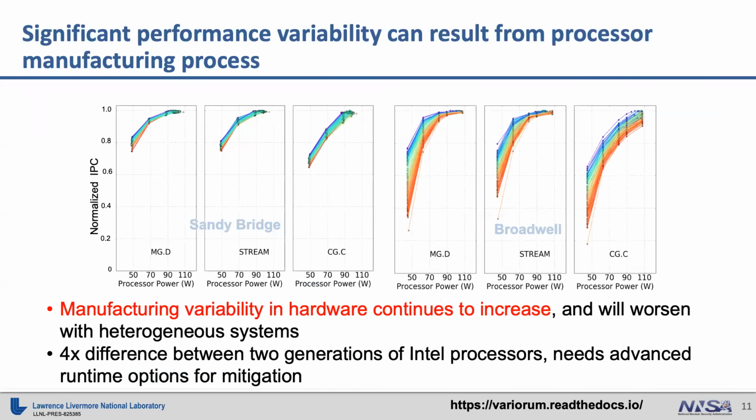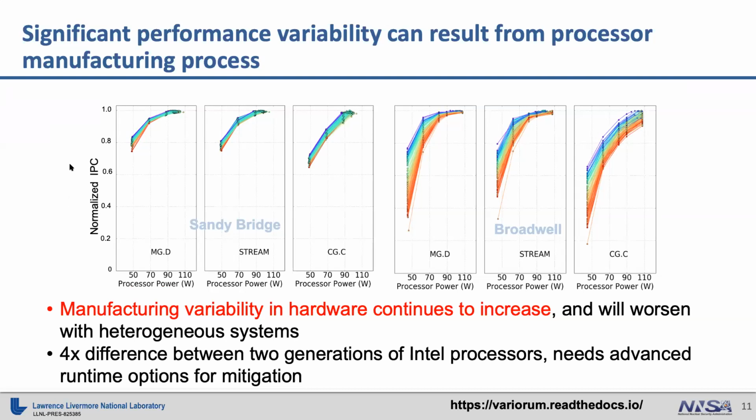The other issue here that we wanted to bring up, or another challenge in the power space, is that of performance variability, which results from the actual manufacturing process in the processor manufacturing area. This is data from Anirudh's paper.